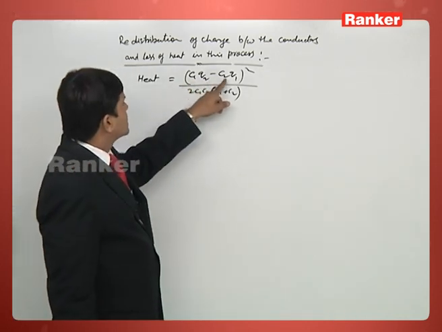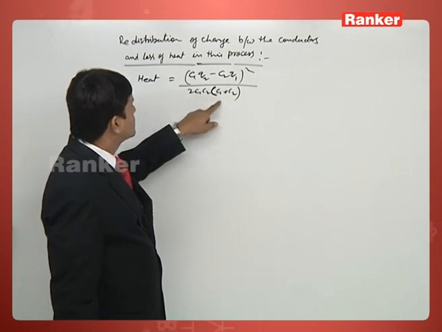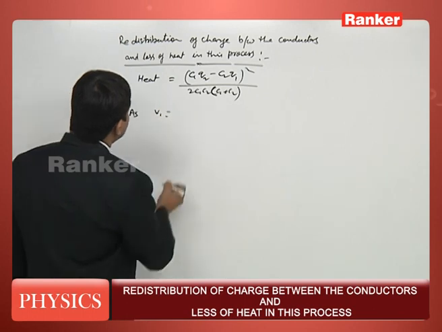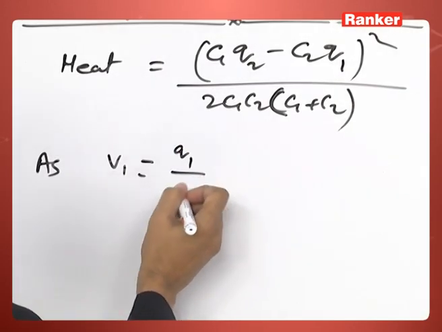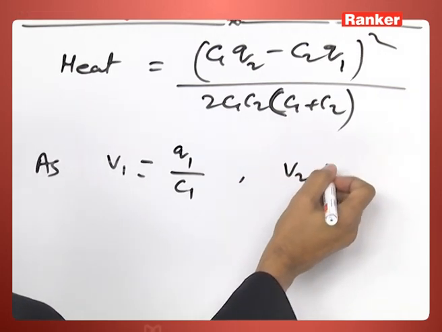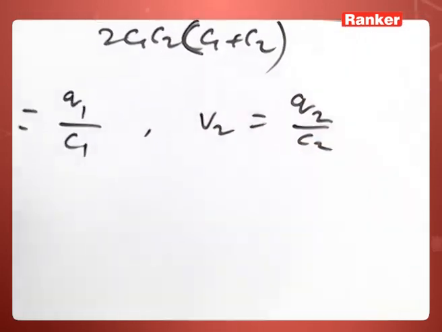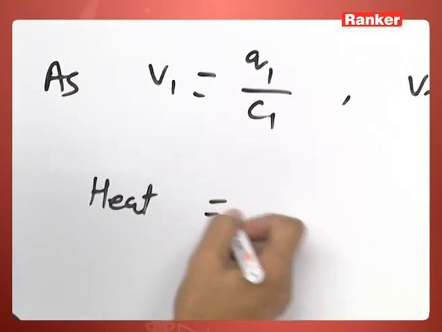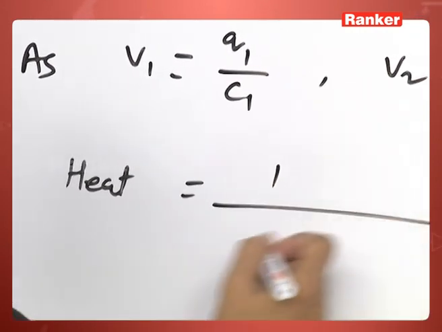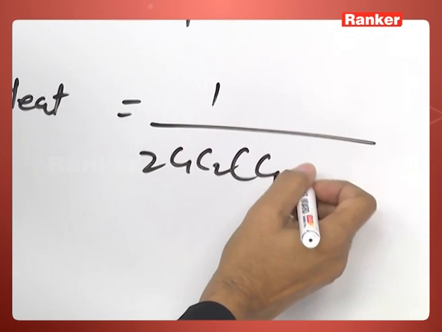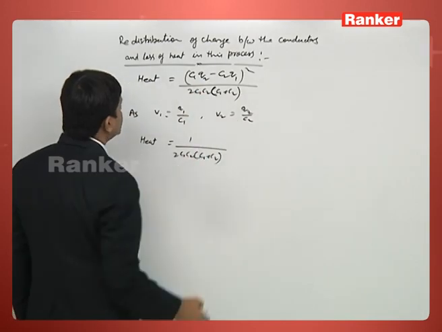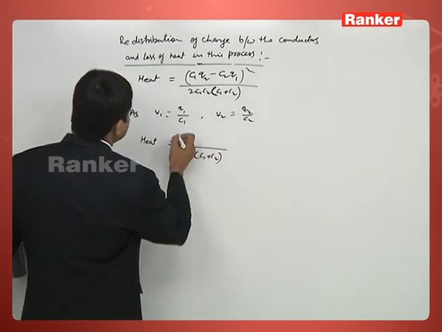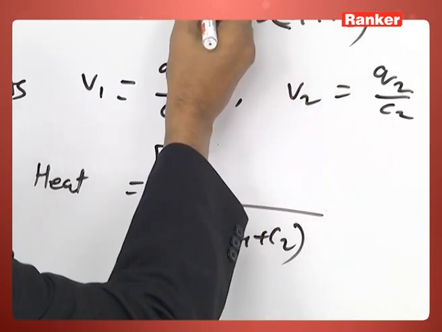So C1 Q2 and C2 Q1 whole square by 2 C1 C2 C1 plus C2. V1, the potential on the first conductor, was Q1 by C1 and on the second conductor Q2 by C2. So we can replace the value of charge. So again heat is 1 by 2 C1 C2 C1 plus C2. Here C1 into Q2, Q2 is written as V2 C2, or we can write like this, C1 Q2.